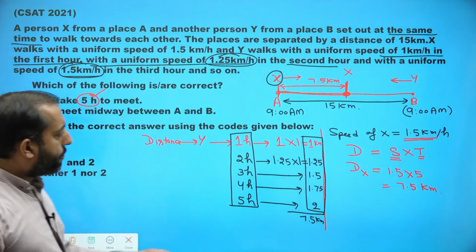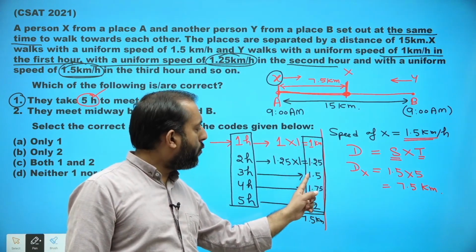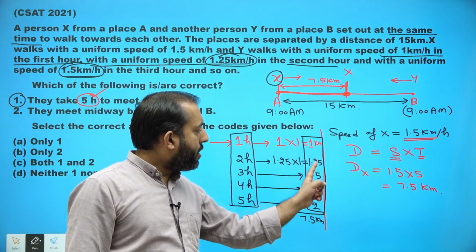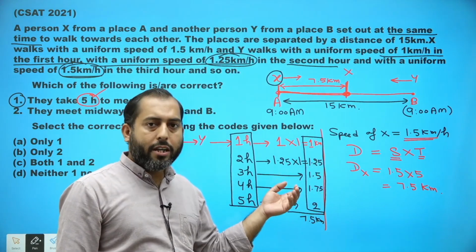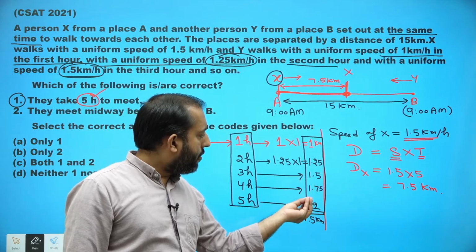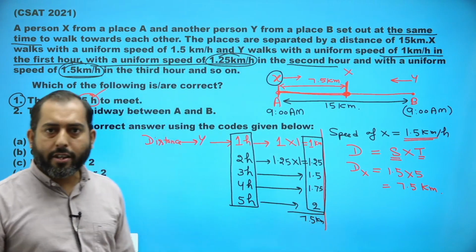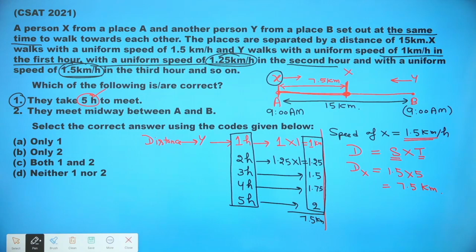See, 1, 1.25, 1.5, 1.75, 2: 1 plus 1.5 is 2.5, 1.25 plus 1.75 is 3, so 2.5 plus 3 is 5.5, plus 2 gives 7.5. You can cross check if we add.